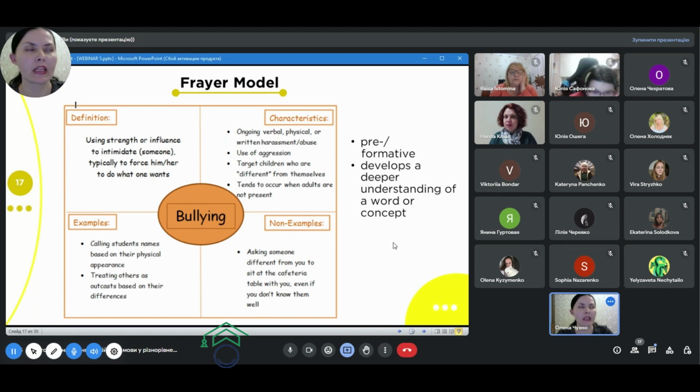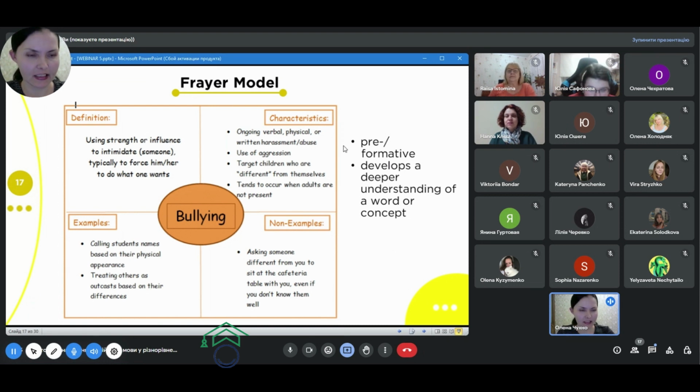Non-examples can be just the opposites of the vocabulary item or the opposites of the concept, or they can be like common misconceptions. If you look at the non-example here, so bullying, asking someone different from you to sit at the cafe table with you, even if you don't know them well. So it's not bullying actually. So it's a common misconception maybe.